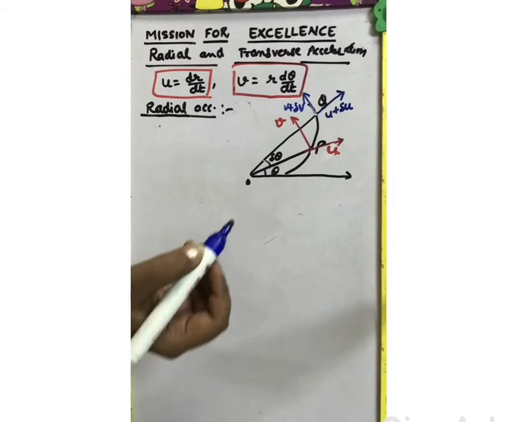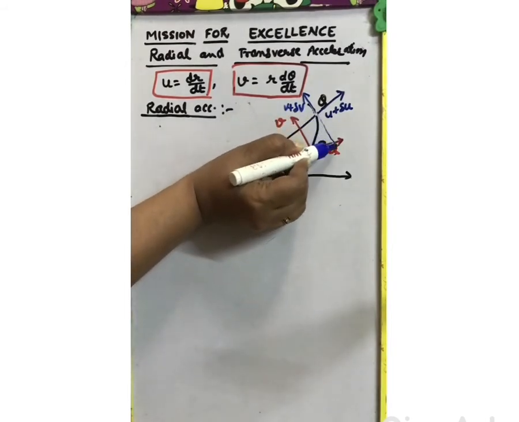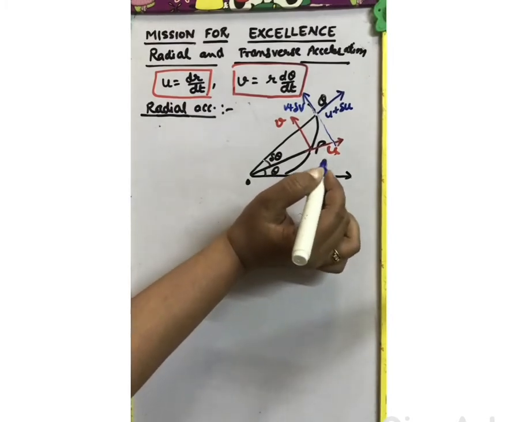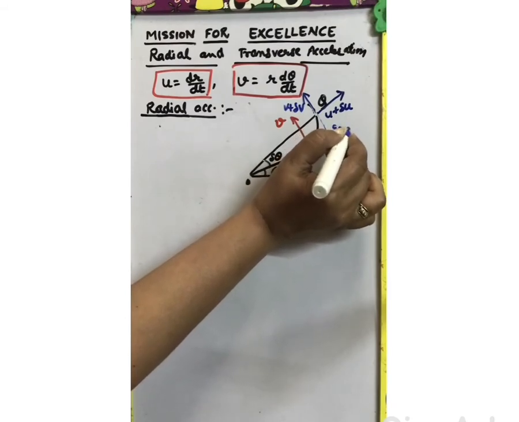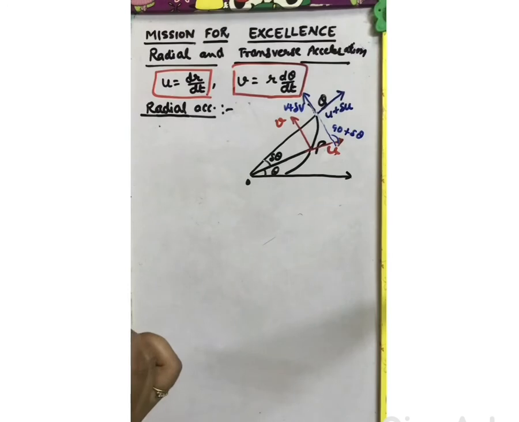If we extend this line to this point, then this angle will become 90 plus delta theta.